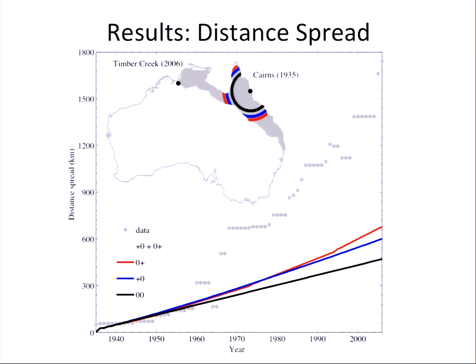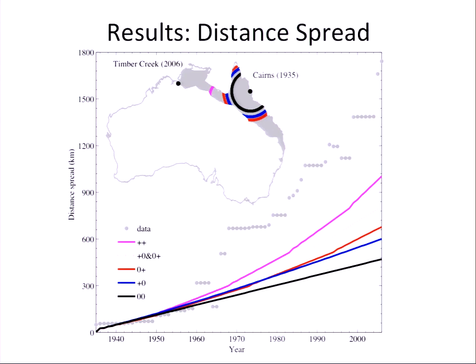So if we put demography and dispersal evolution together, we might expect something like this dotted pink line here, that their contributions add up to increase spread a little bit more. But what we actually see is that there's this interactive effect where demography and dispersal evolution interact to increase spread even more than what we might expect.